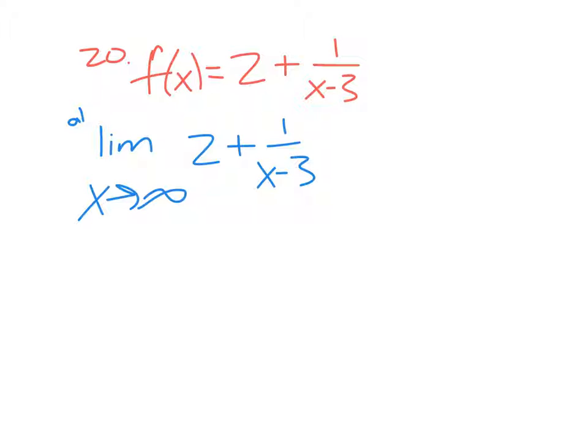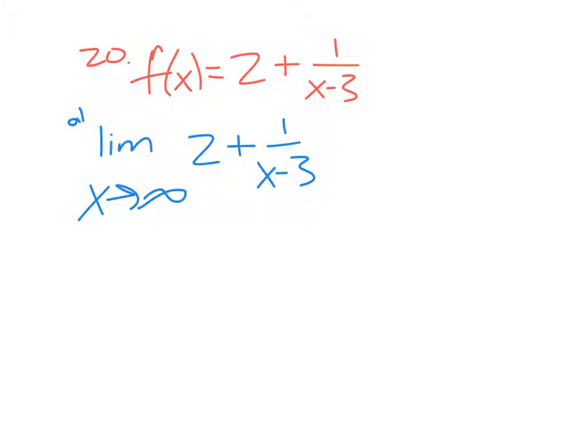So, does anyone have an idea of what we should do? If it says x is approaching infinity, what does that mean? Give me an example of what a good starting value for x could be.